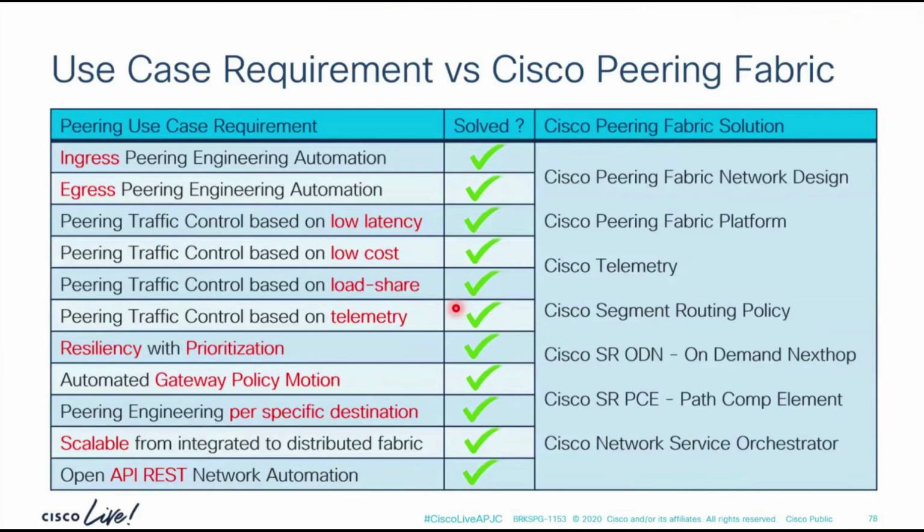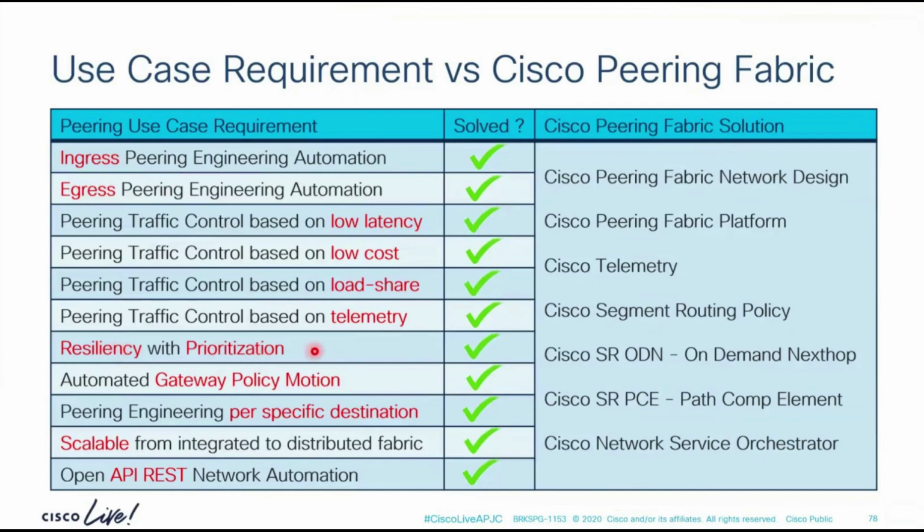The ingress peering automation, the incoming, based on low latency, low cost, telemetry, right? And also the egress, the outbound automation, based on these parameters all together. As well as inbound ingress and egress outbound resiliency with prioritization.